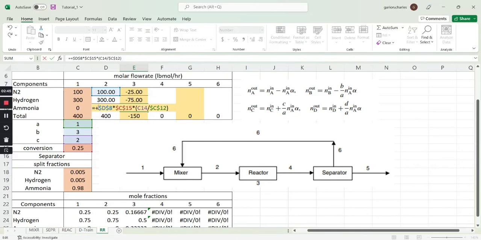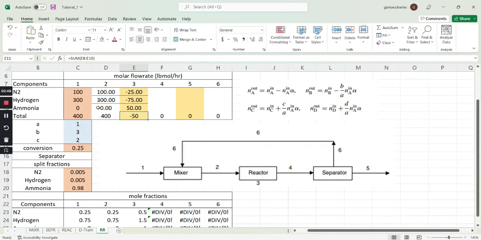Remember to change this part to the positive sign. We then simply need to add stream 3 and stream 2 together, which results in us obtaining the outlet stream for our reactor.